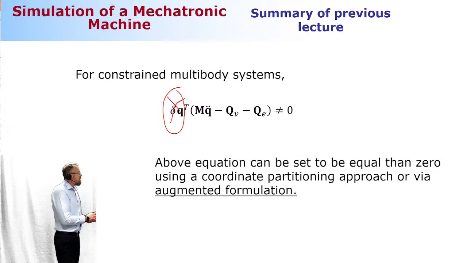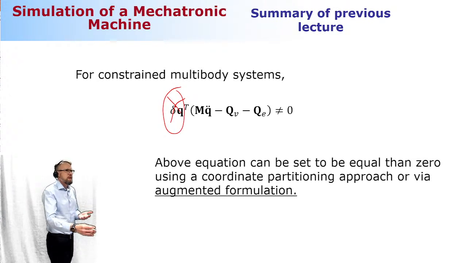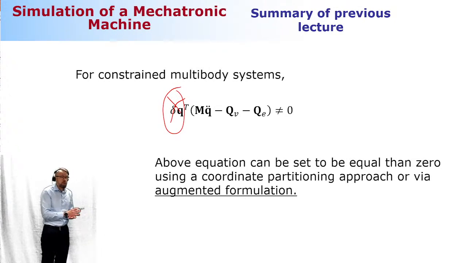So the way the virtual displacement is expressed in this equation, is it kinematically admissible? No, it's not. Why not? Because I'm going to introduce the virtual displacement to all my generalized coordinates, knowing nothing about my constraints. So most certainly, I'm going to violate the constraints.